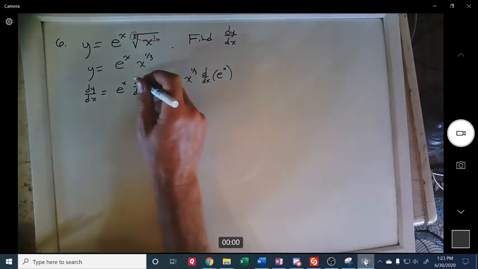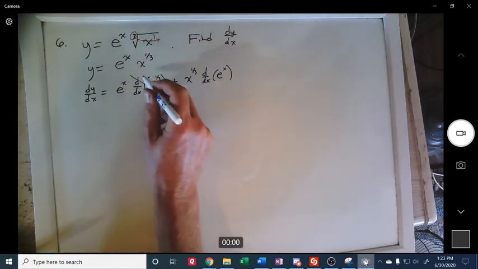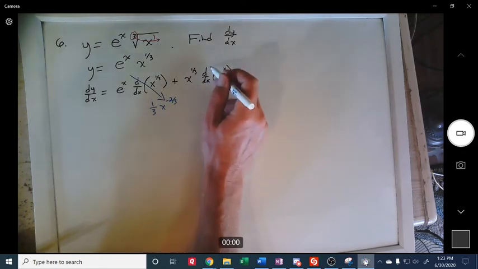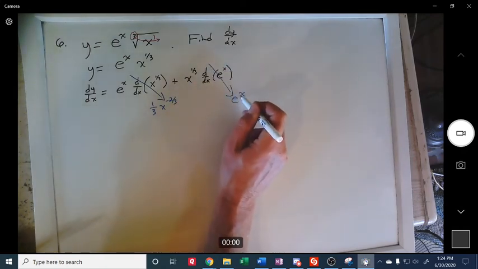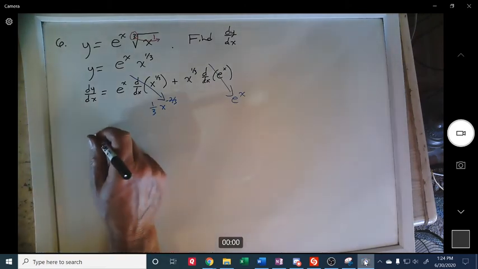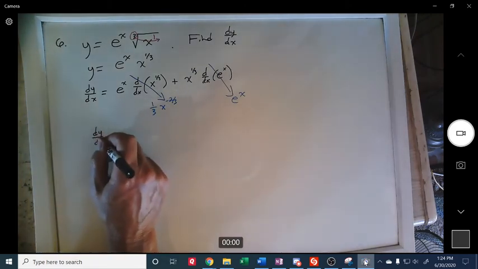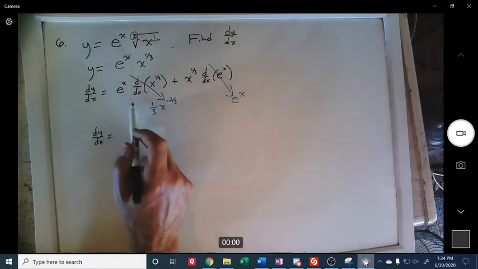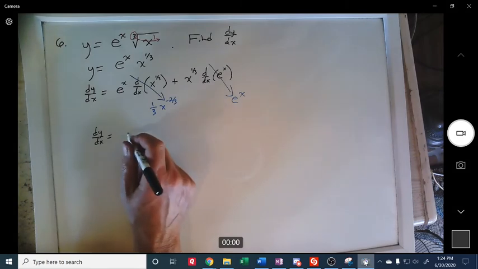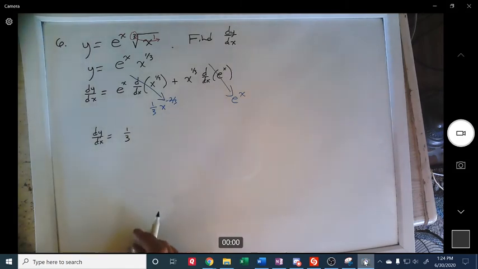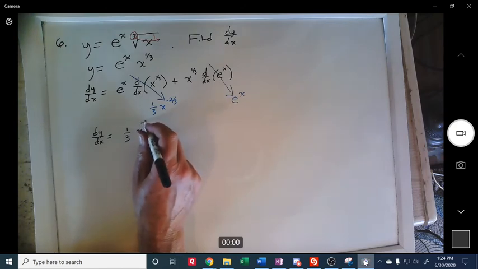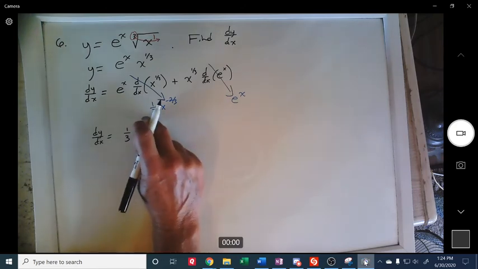And then figure out what each of these is. This derivative is 1/3 x to the negative 2/3. This derivative is just e to the x. So dy dx is, now we put all these three together. I'm going to put the coefficient up front, the simplest function, which is kind of a more polynomial type function, negative 2/3.